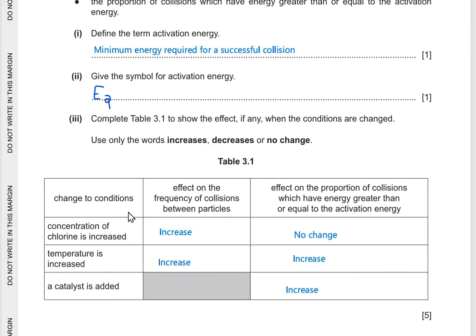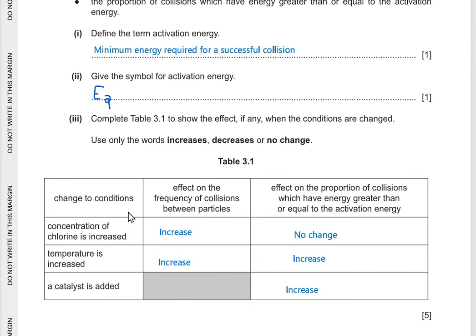So obviously, if you increase the concentration to whatever amount, the energy will not change. But if you increase the temperature, you're increasing the kinetic energy, which is increasing the average energy, which is increasing the number of collisions between particles, which also leads to a greater proportion of collisions which have energy greater than or equal to the activation energy.